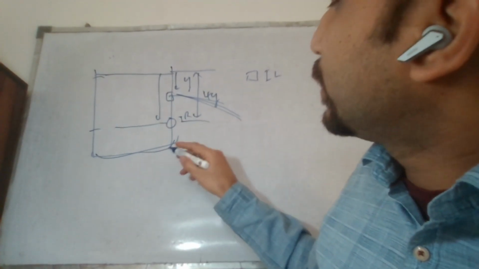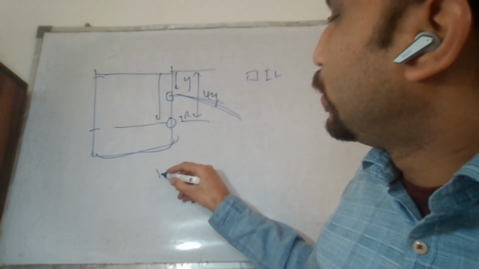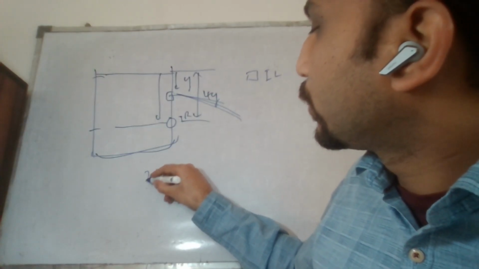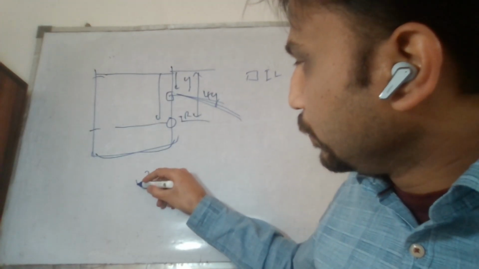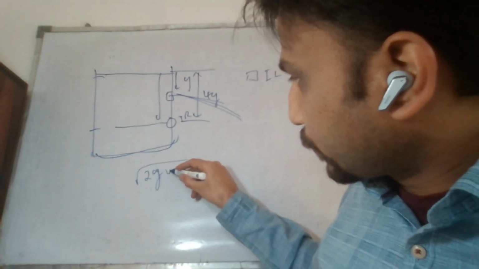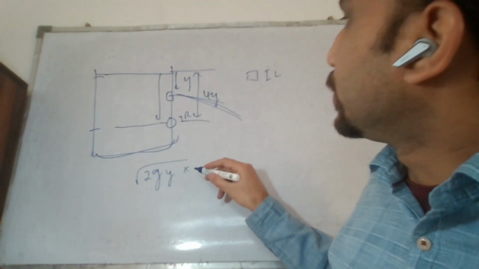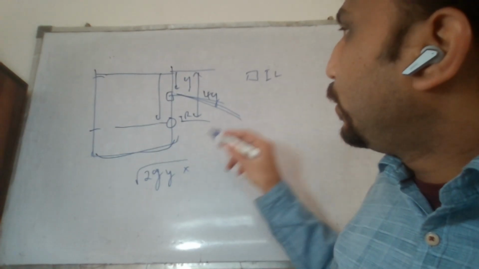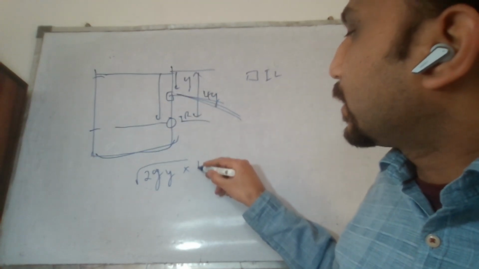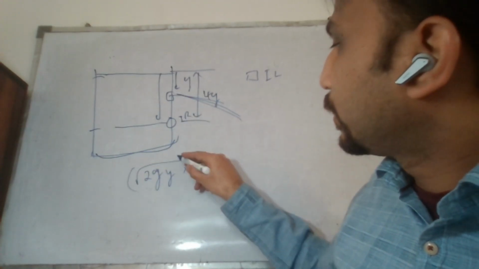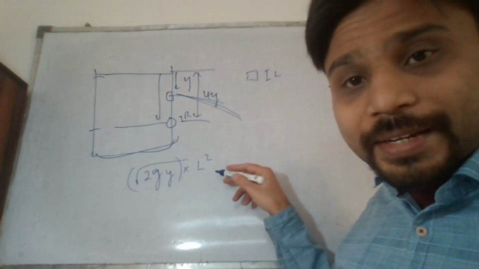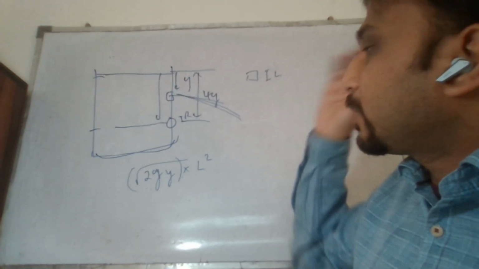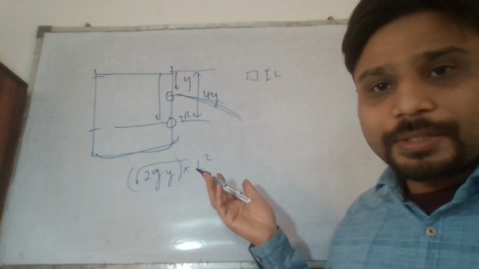You can just say this is root 2gy into the square side, L square. Oh, not the square side, square area. The area of the square is L square and that's it. Pretty easy.